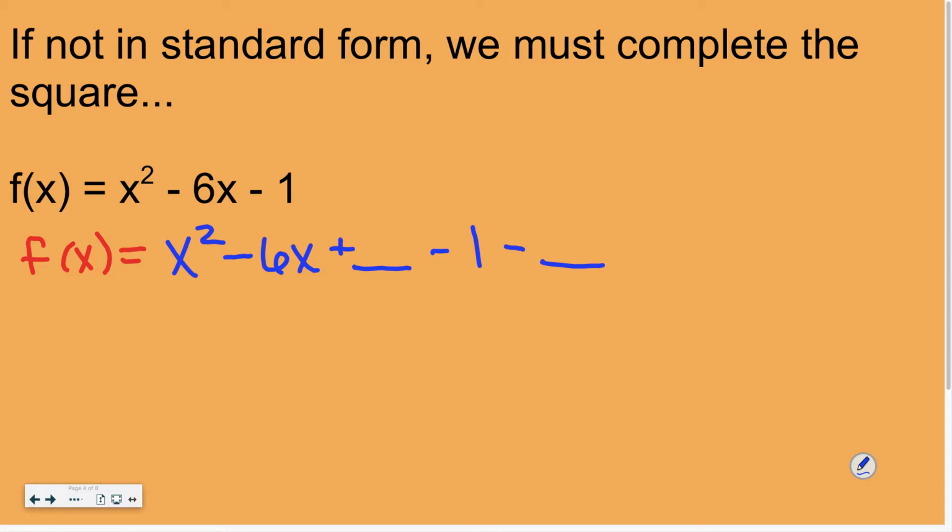Now, some of us can look at that and know what number needs to go in the blank. Okay? There is a pattern that happens every time with perfect square trinomials. Okay? I'll write this one back up here for you.